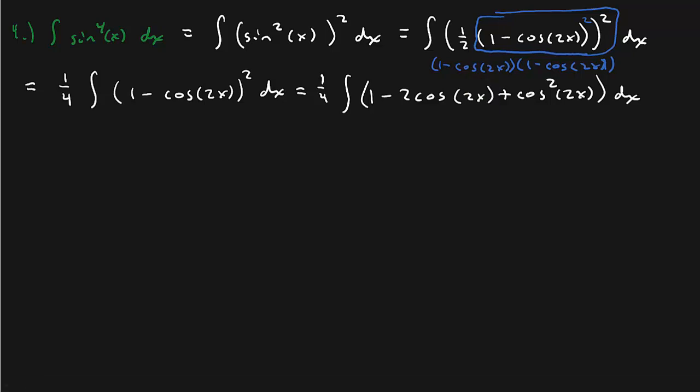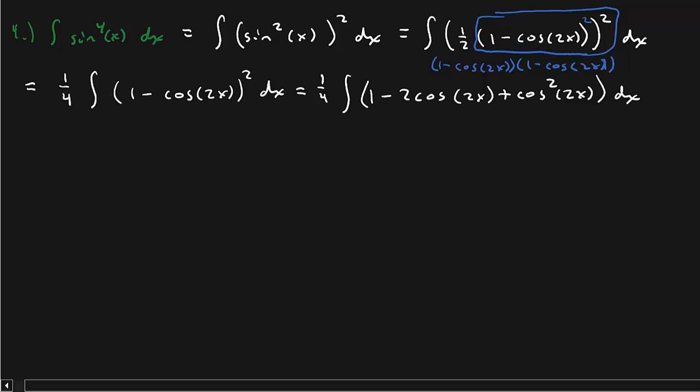So right now we're good to go with this one and this one. I can integrate both of those. But look at this: I've got an even power on this cosine. So I'm going to have to use that half angle identity for cosine.